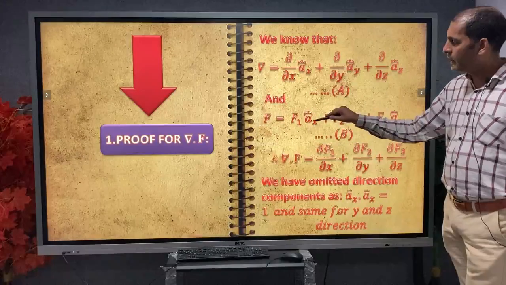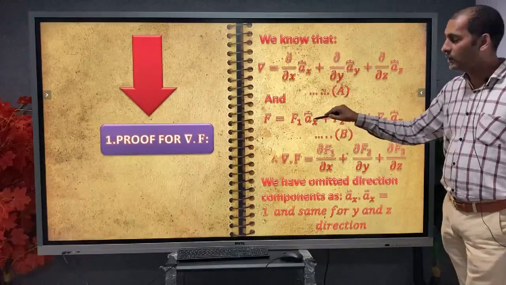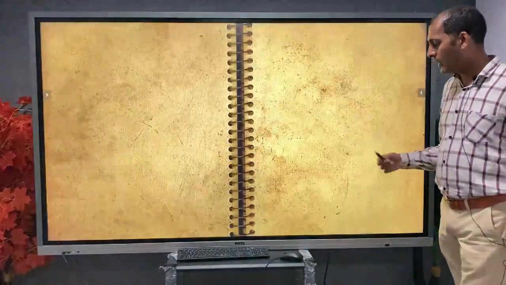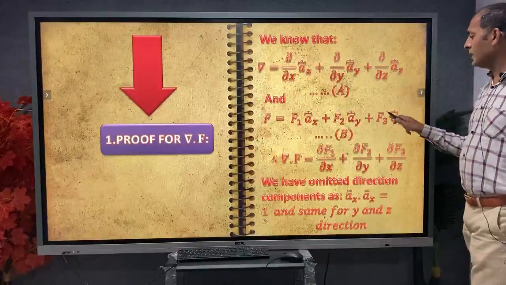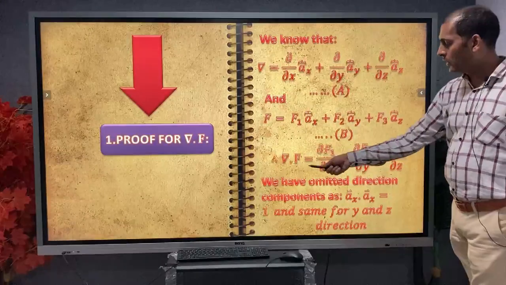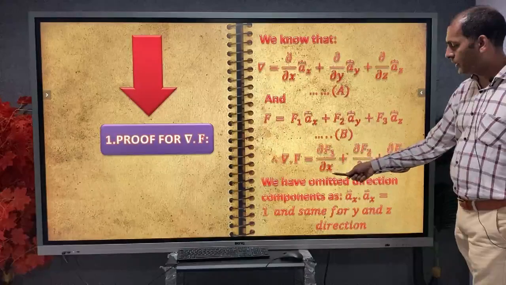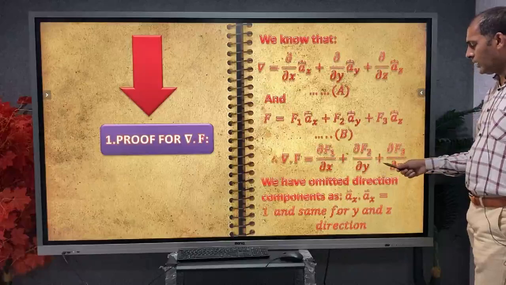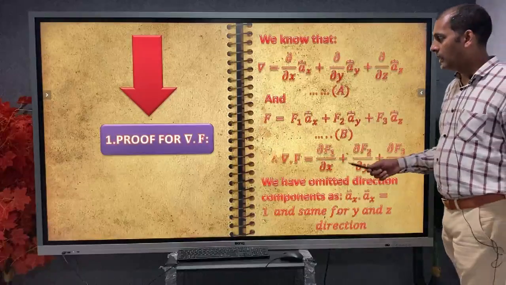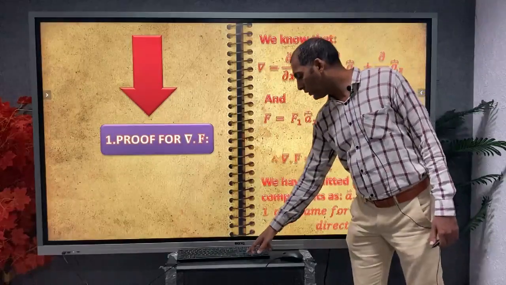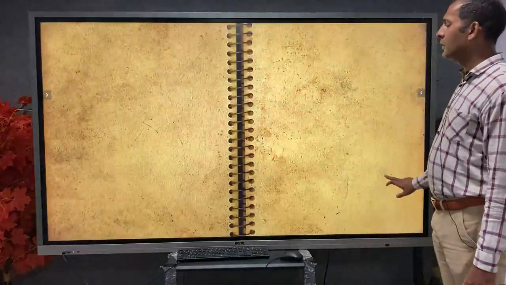Ax cap with Ax cap, the same direction, becomes 1. Ay and Ay become 1. Similarly Az becomes 1. So in del dot F we get dou F1 by dou x plus dou F2 by dou y plus dou F3 by dou z, and the direction components will not be visible in that equation.